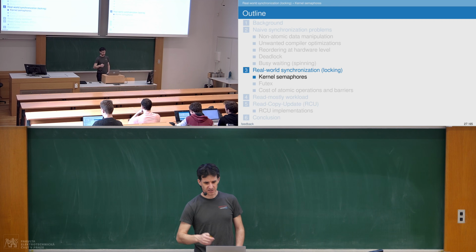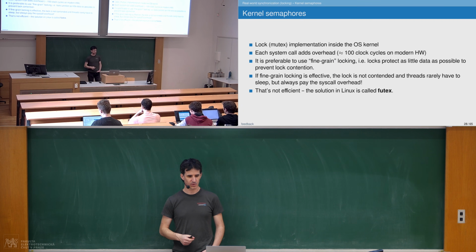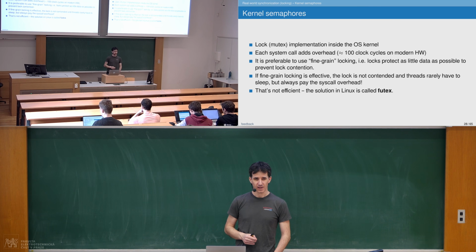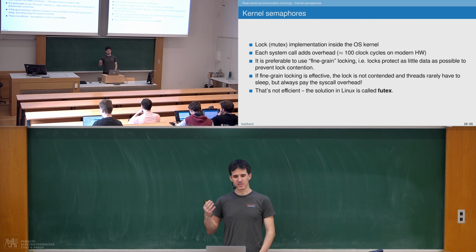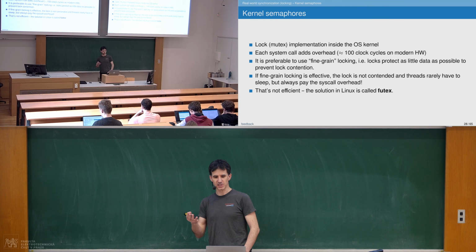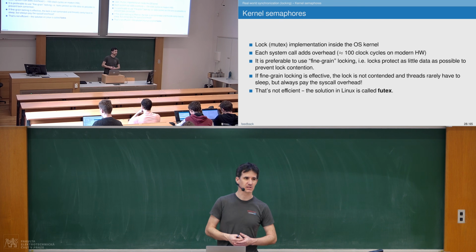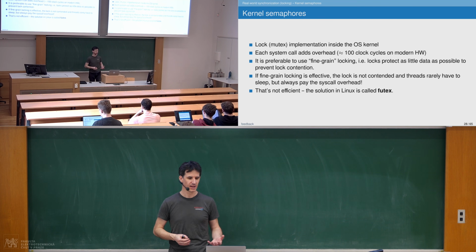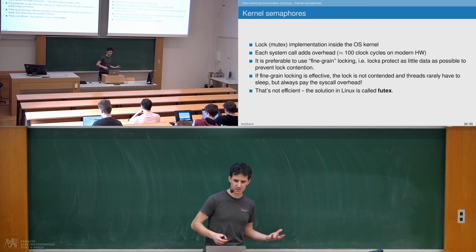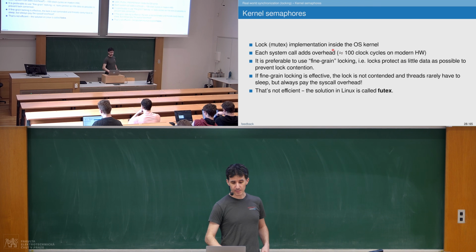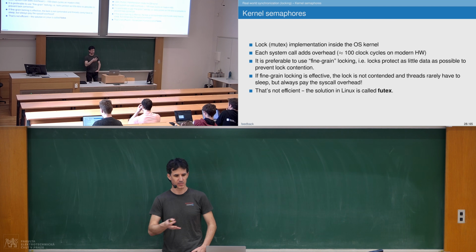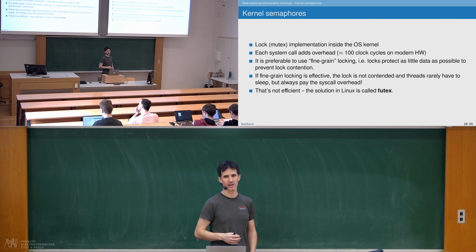So, kernel semaphores. The semaphore which decides whether you are allowed to enter the critical section or whether your thread gets blocked waiting for another thread is implemented inside the operating system kernel. The problem is that the system call overhead on today's systems is something like 100 clock cycles.